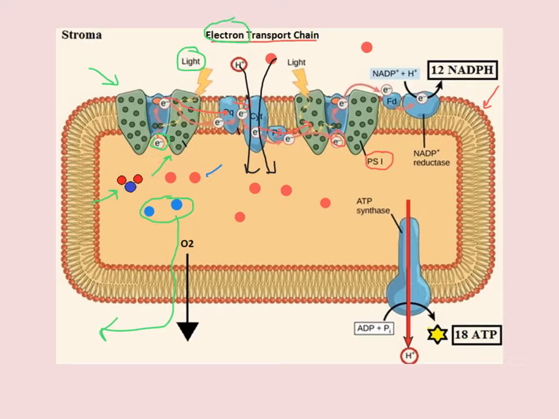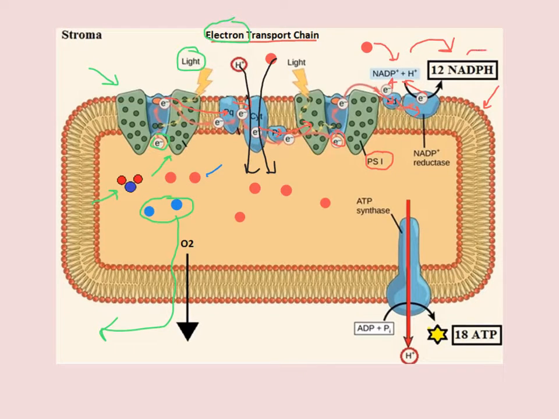Now the electrons are re-energized, they get passed to a protein structure called ferredoxin, and then finally to a final protein structure, an enzyme called NADP reductase. Two of these electrons, as well as one hydrogen ion, bond with NADP, and that is how we make NADPH.